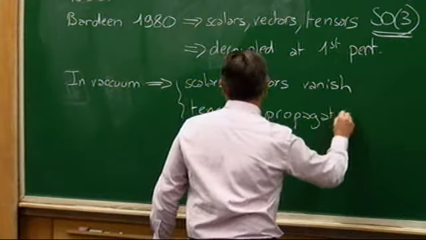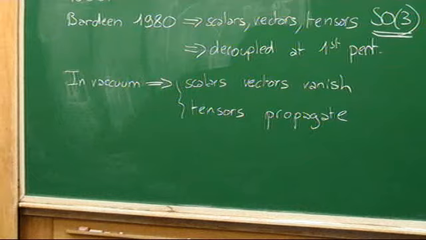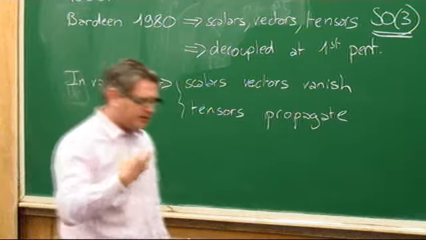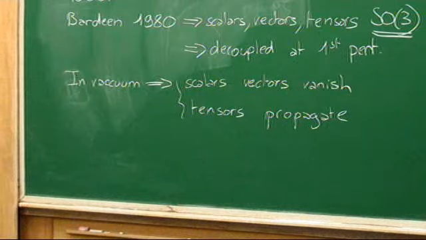So in this sense, the tensors are the only true physical degree of freedom in this problem, in these metric perturbations. They are the only ones that you can quantify and associate to a particle. The other modes are just response to matter stress.